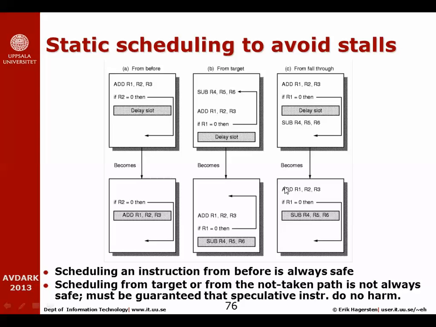So if the fall through is a common outcome, then you will actually already have done this instruction before you know the outcome of the branch, and you can go off and do some better things down here. So that is once more a static technique, and as I said, it's commonly used in SPARC processors, and it's not regarded as a very clean solution.